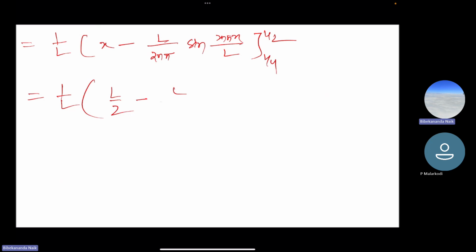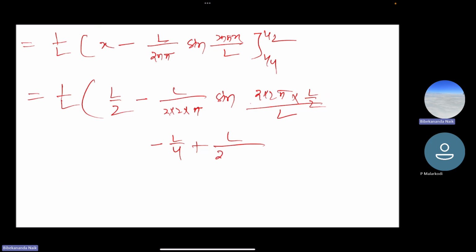If you put it in, it will be 1 by 2 into 2 into pi sine 2 into 2 pi into L by 2 by L, minus L by 4 plus L by 2 into 2 into pi sine 2 into 2 pi by L into L by 4.